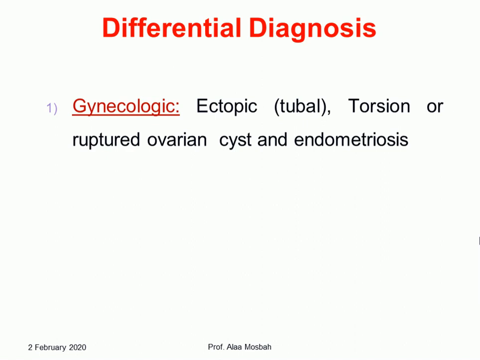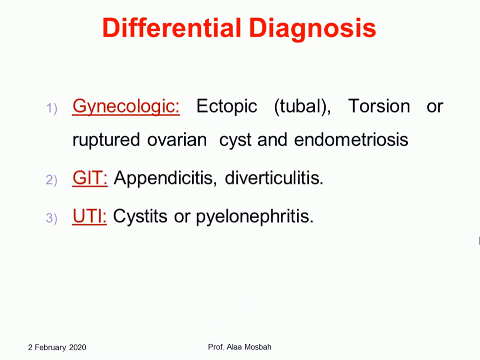Torsion or ruptured ovarian cyst or endometriosis or complicated endometrioma or chocolate cyst. GIT, like appendicitis, diverticulitis, urinary tract infection like cystitis or pyelonephritis. So, differential diagnosis includes items from gynecology or GIT or urinary tract.